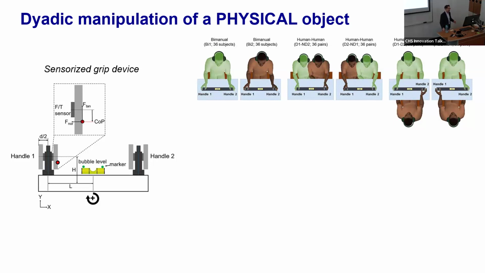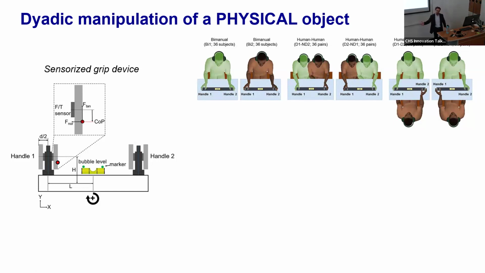So because of that, we said, okay, we're going to look at these dyadic conditions, but we also want to do a control condition where each subject from the dyad also does the task by himself or herself. So that was the rationale why we went bimanual. And then we were also interested, because there is an issue of hand dominance, and in motor control, the idea is that the dominant limb is better at feed-forward control, at predicting what's going to happen to the object that you manipulate.